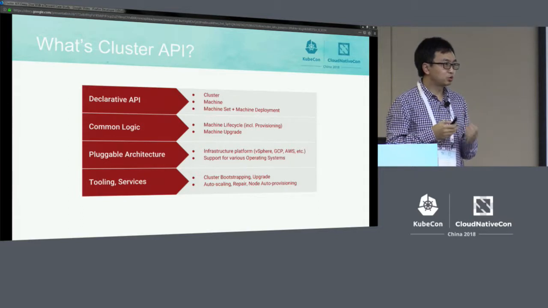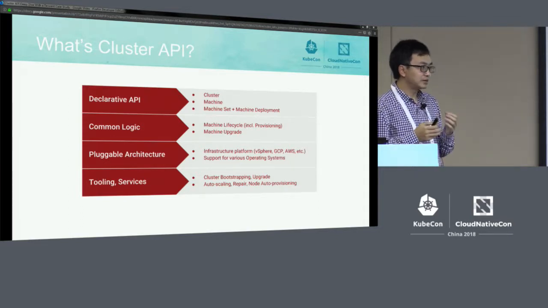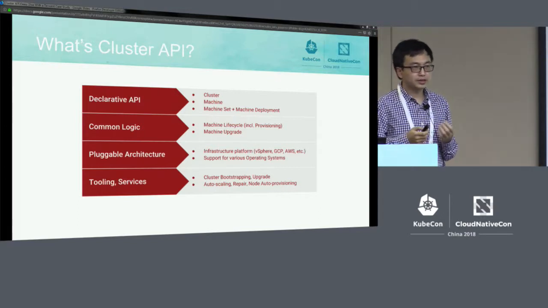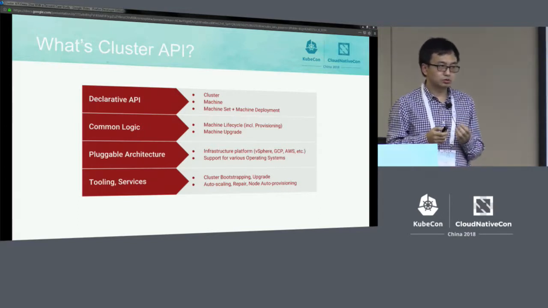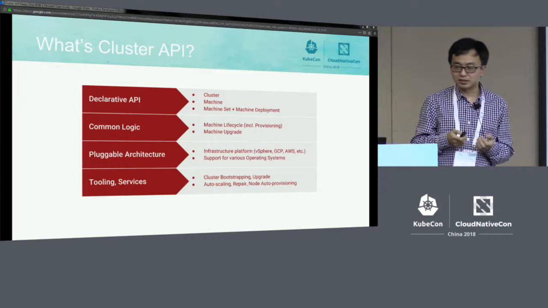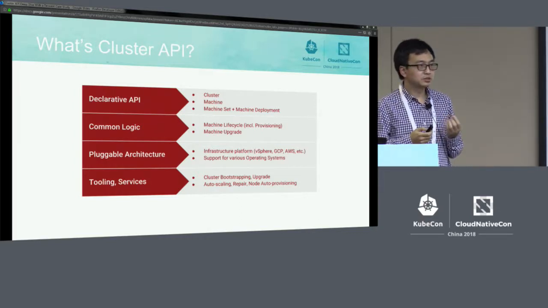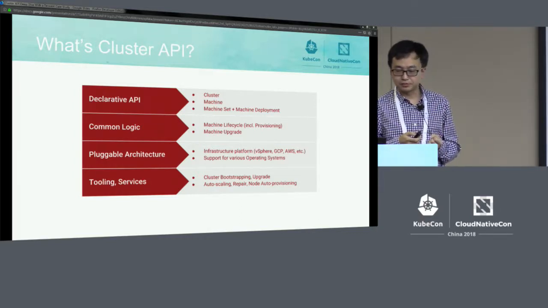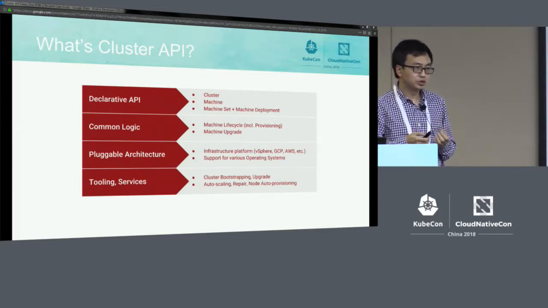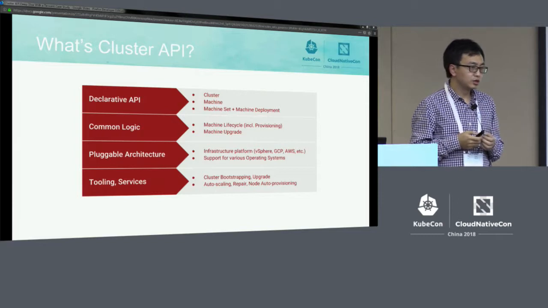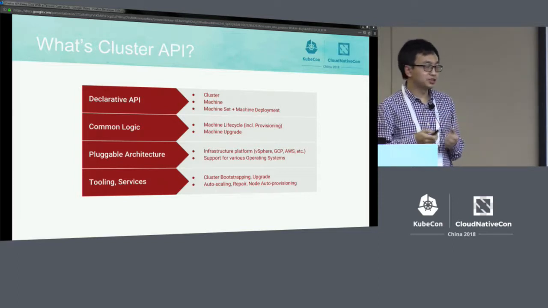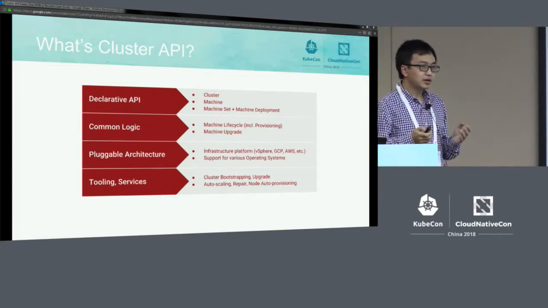To avoid reinventing the wheel repeatedly across clouds, the cluster API is not merely an API, but it also offers a unified implementation method. It can help others achieve common tasks, like machine lifecycle management, cluster auto-scaling, and node repairing, and the implementation for each independent cloud platform.